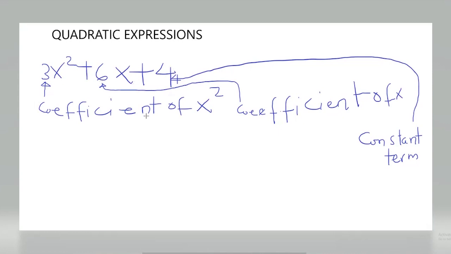And 4 is called a constant term or a constant number, a number without letters, with no coefficients. This is how we can express this one.